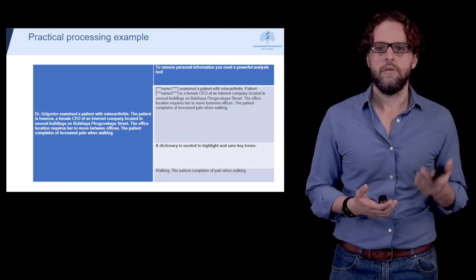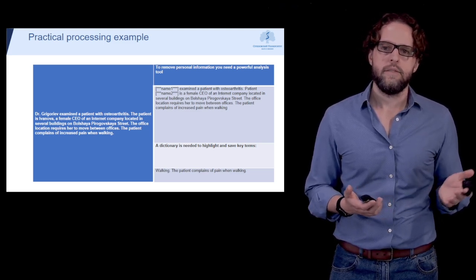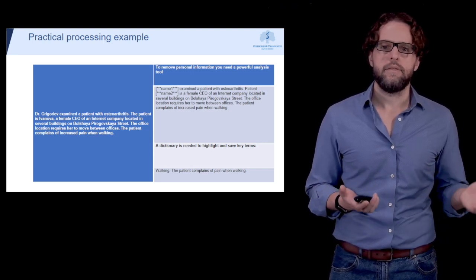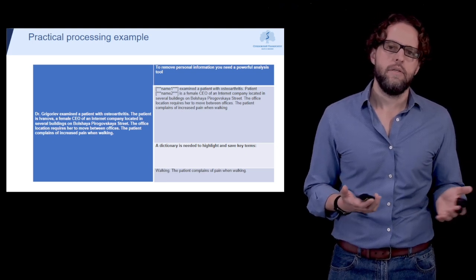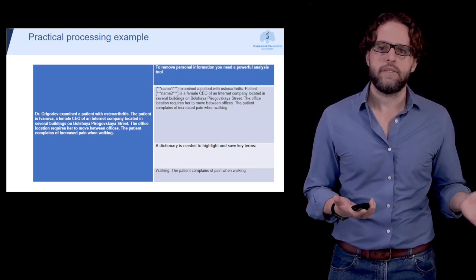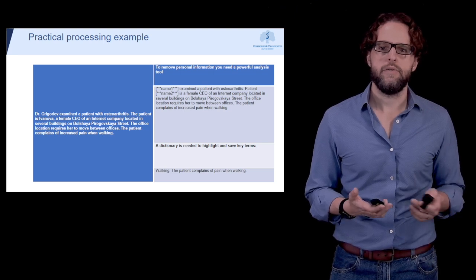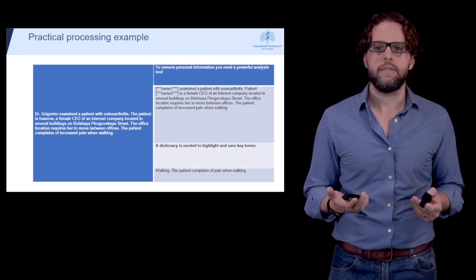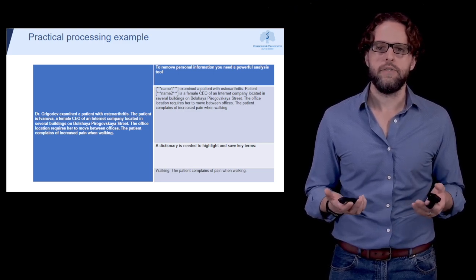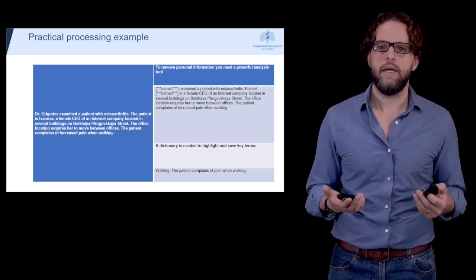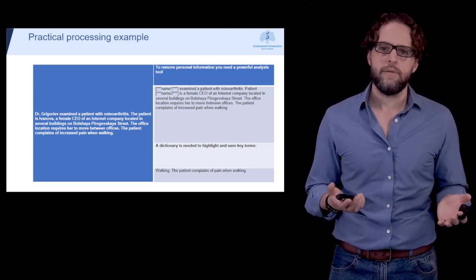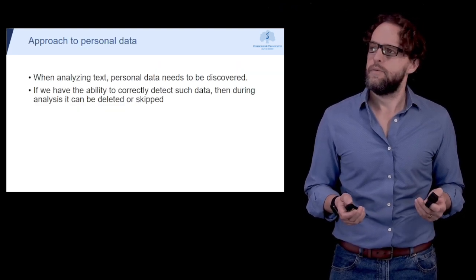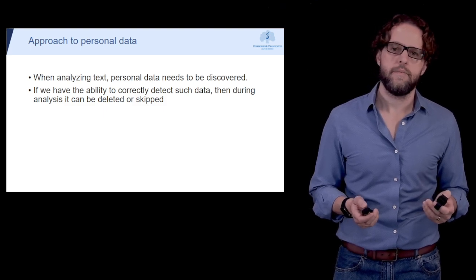Just as an example, we could state that a certain patient was described in a medical text, and we have a diagnosis description for this patient, and the first step will be to detect and anonymize personal information in this text, and next we will need to highlight key terms for the future analysis.